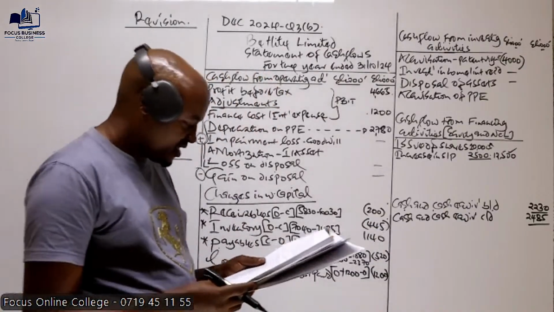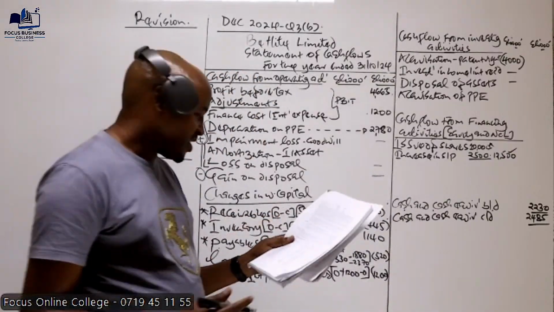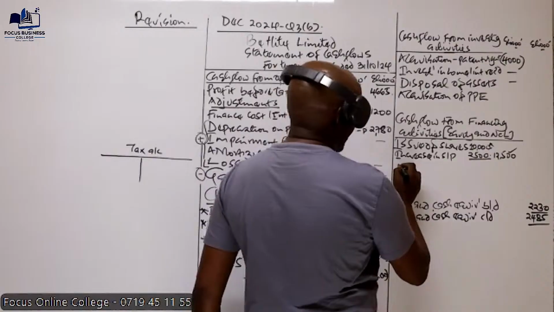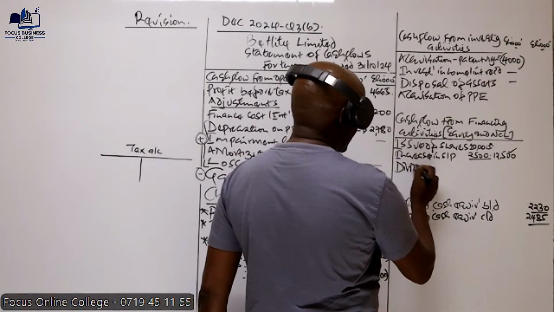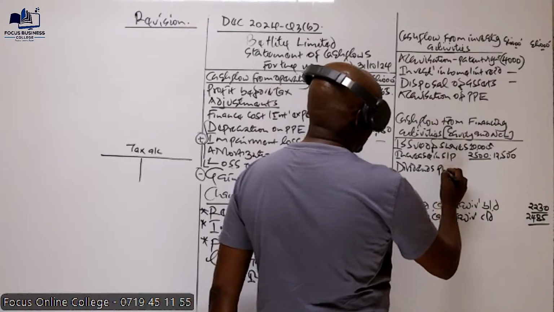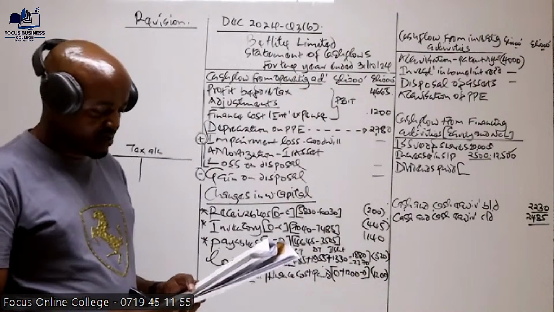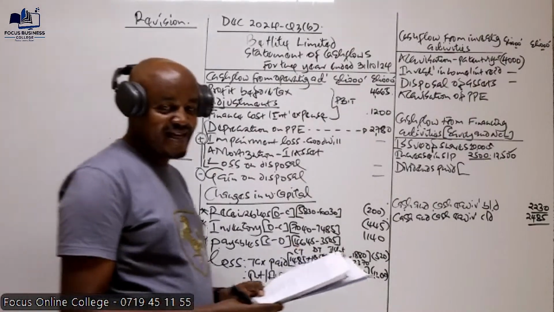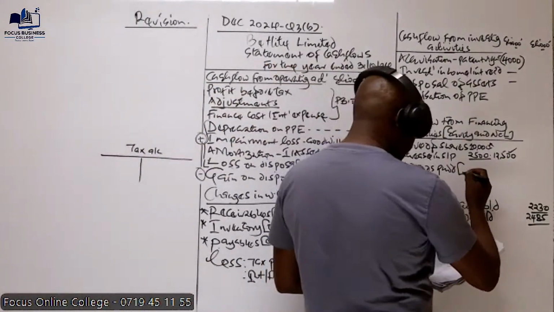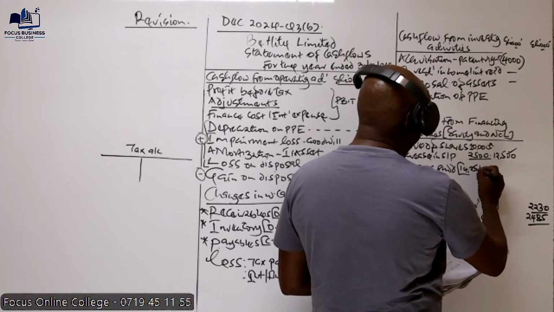Then from there, we have the revaluation reserve. The revaluation reserve is not considered here. The other item we have there is the retained profit. We use this one to compute the dividends which were paid. How do we compute the dividends which were paid? We take the retained profit at the start, which is 14,755.